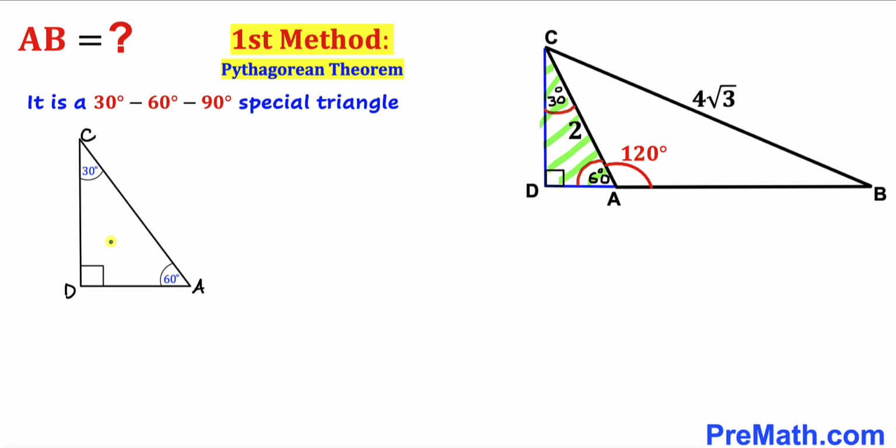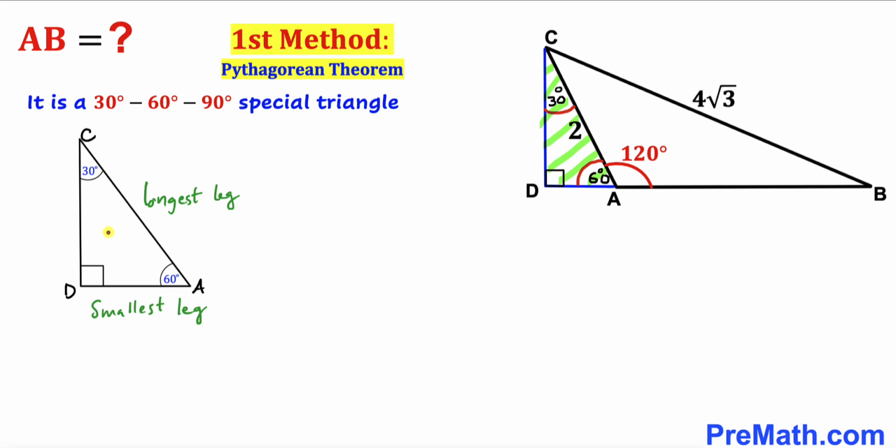Here I have copied down this right triangle ADC. Here we can see that 30 degrees is our smallest angle, so the side opposite to that one is going to be our smallest leg. Whereas this 90 degree is our largest angle, so the side opposite to that one is going to be our longest side.